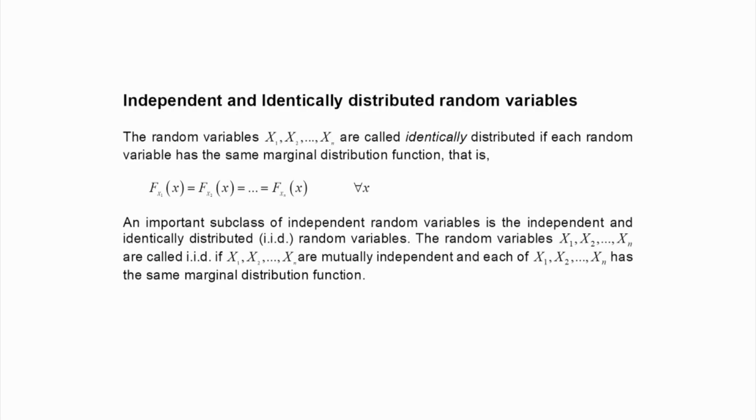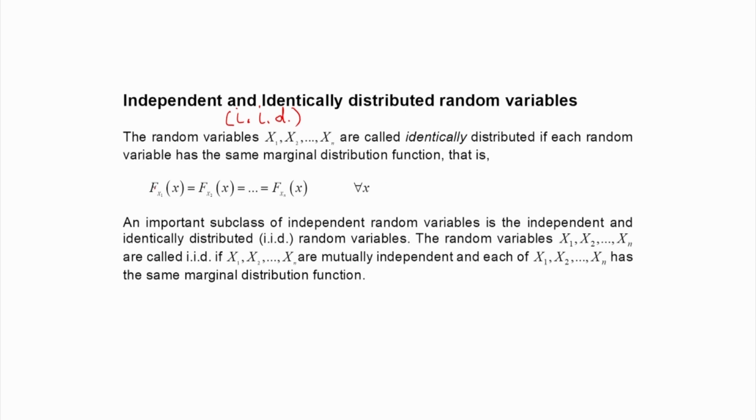One more important concept is independent and identically distributed random variables. This is abbreviated as IID random variables. The random variables collection is X1, X2 up to Xn. They are called identically distributed if each random variable has the same marginal distribution function.